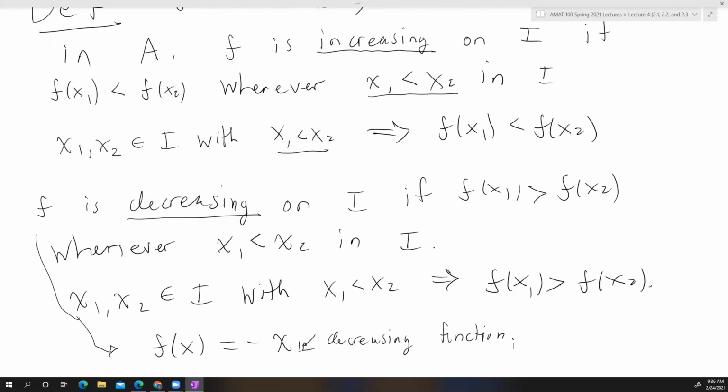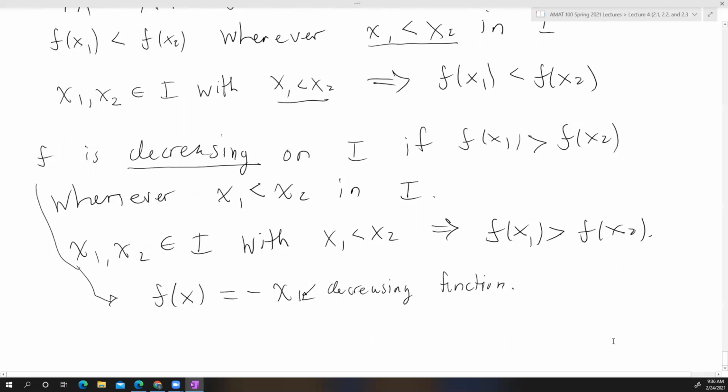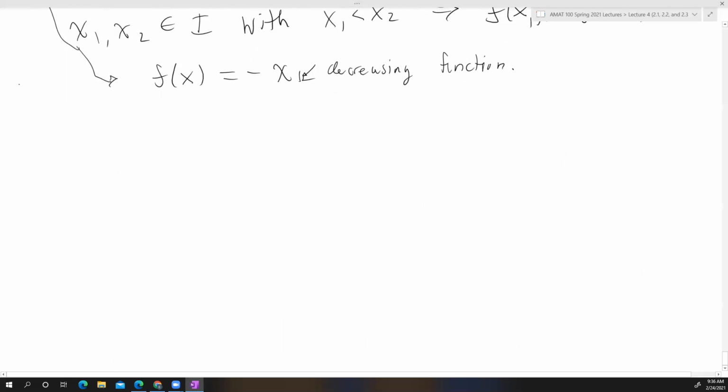So this can be determined algebraically, but there's also a geometric interpretation to this, and it should be hopefully very straightforward what that means. So for example, we could have something like the following. Suppose our function is f of x is equal to x squared.